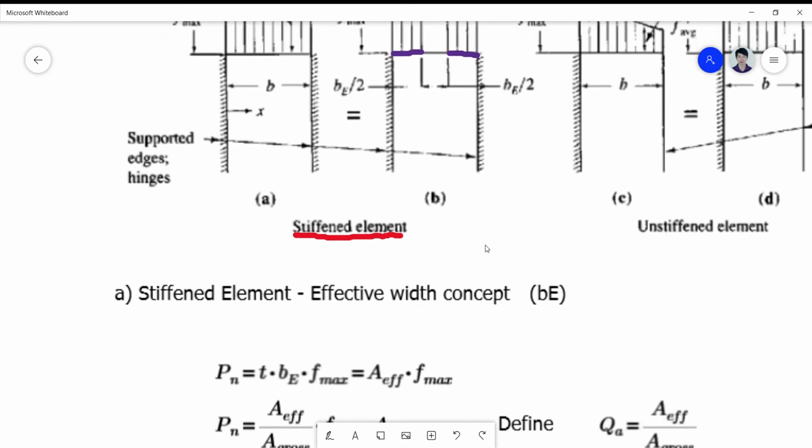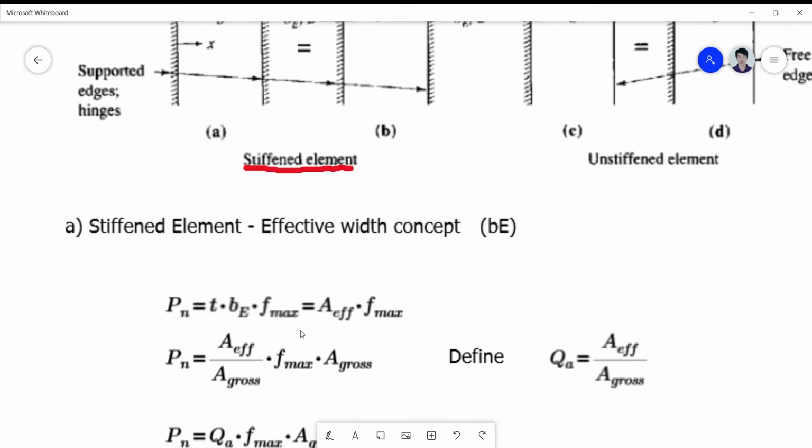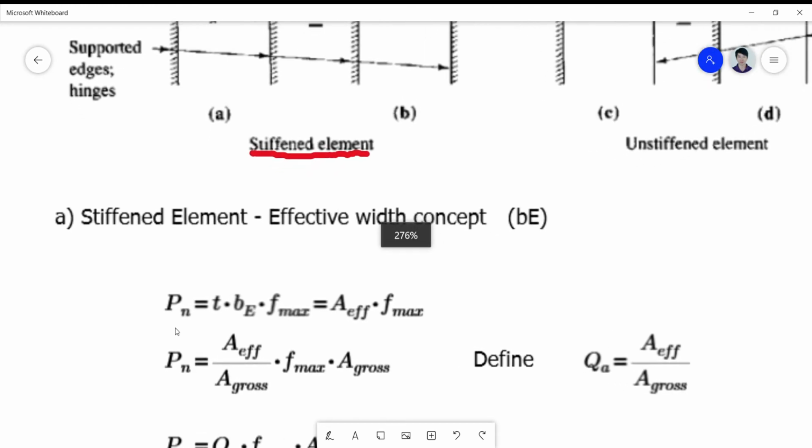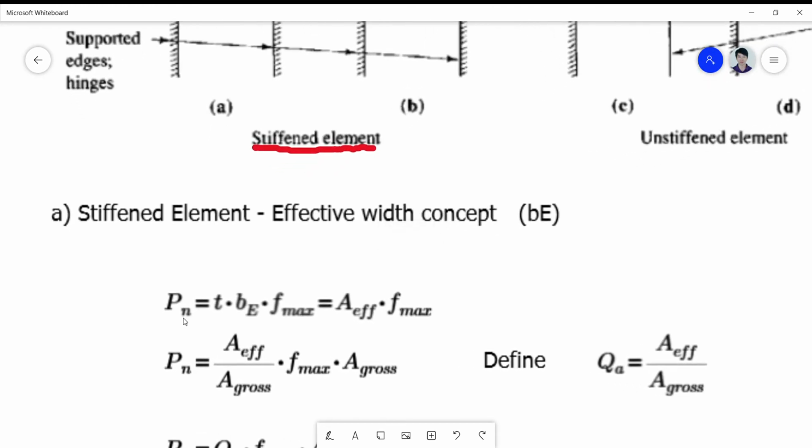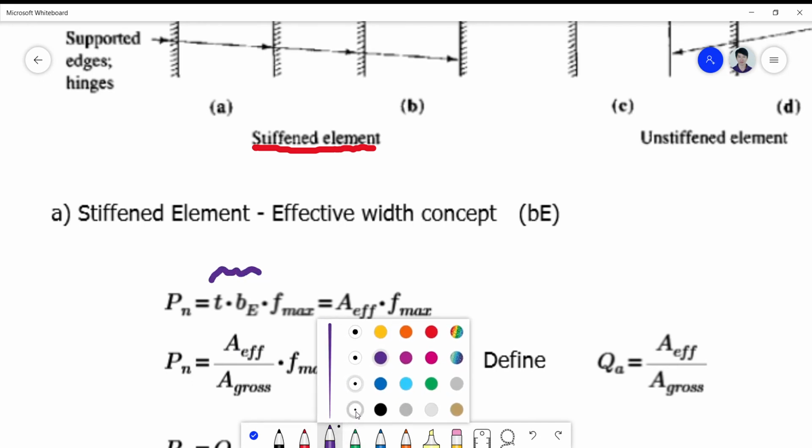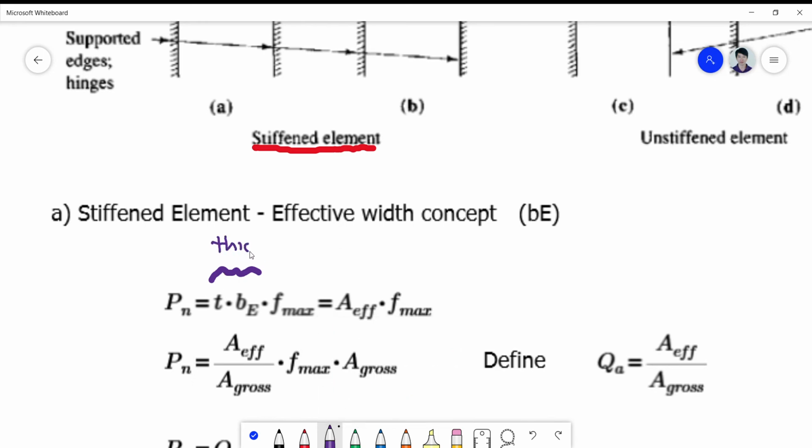So assuming that your total actual strength Pn is equal to your effective area, which is simply the thickness of your element multiplied by the effective width.